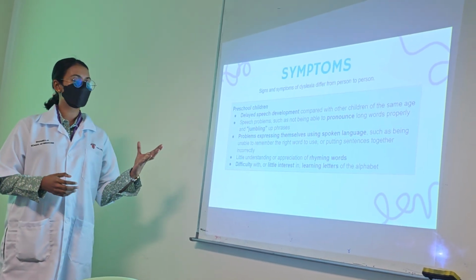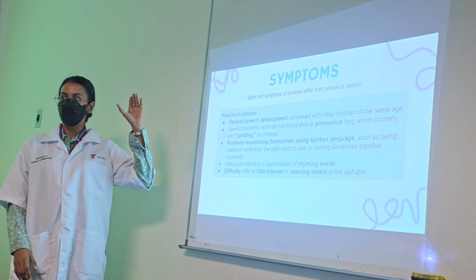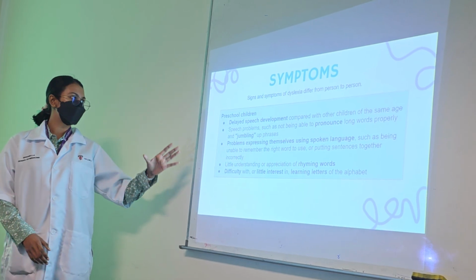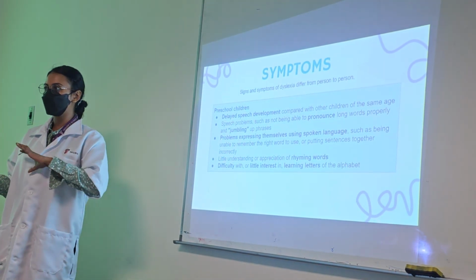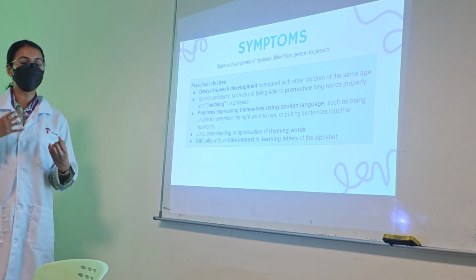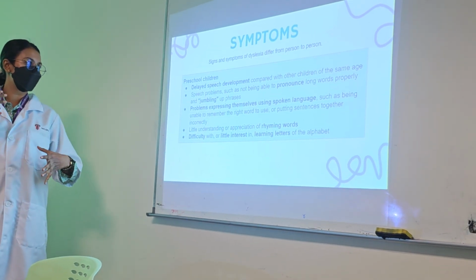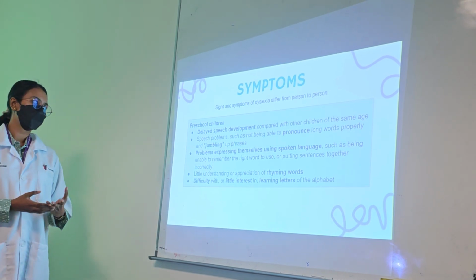The symptoms definitely vary from person to person, so they are divided by age group. Firstly, preschool children. They will have delayed speech development compared to other children in the same group. They will not be able to pronounce long words, or they will jumble up phrases, like saying helicopter incorrectly.